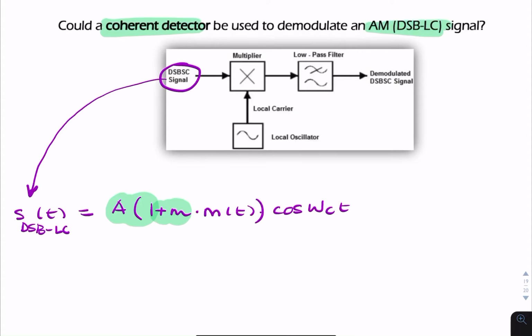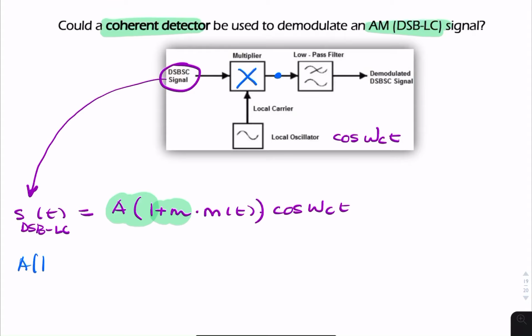So the first thing we have is a local oscillator. That local oscillator simply generates a cosine, hopefully of the same frequency, omega ct. So it's the same frequency as the carrier. So after multiplying here, what do we have at that second point?